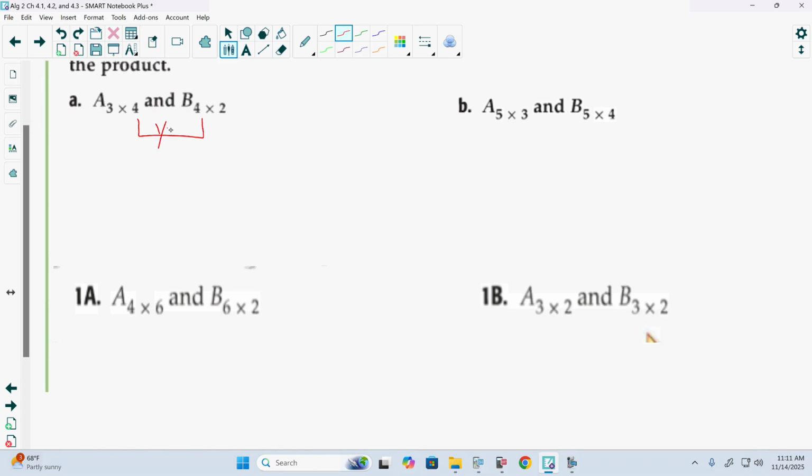Since they are the same, yes, we can multiply matrix A by matrix B. And our new dimensions are the rows of A by the columns of B. So it's now going to be 3 by 2. So this here just tells us, yes, we can multiply them, and yes, these are the new dimensions.